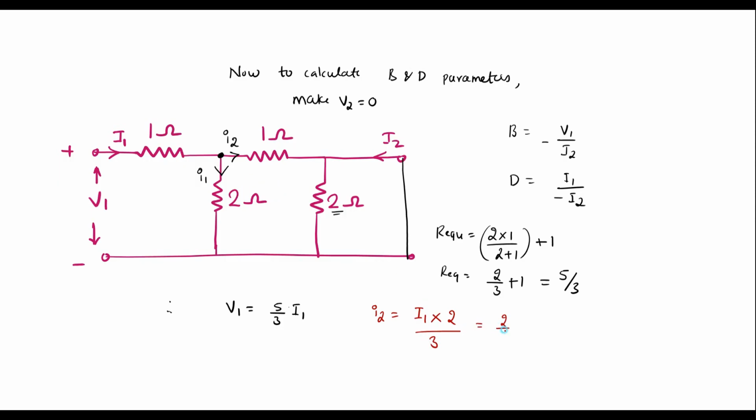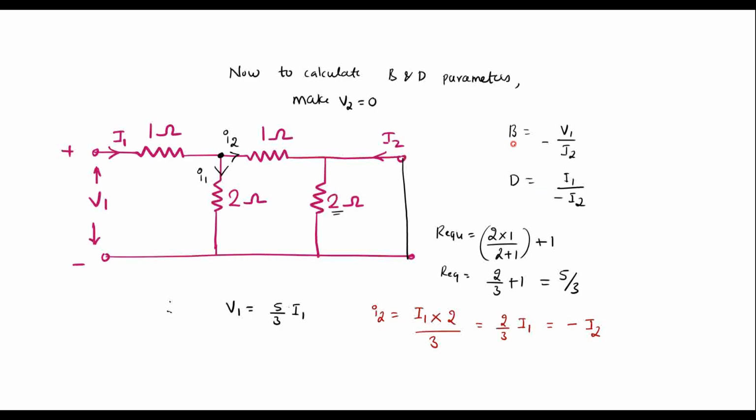That is 2 by 3 I1. So here we can see that this capital I2 is the same as small I2 but opposite in direction. Therefore minus I2 means I2 is equal to 2 by 3 I1.